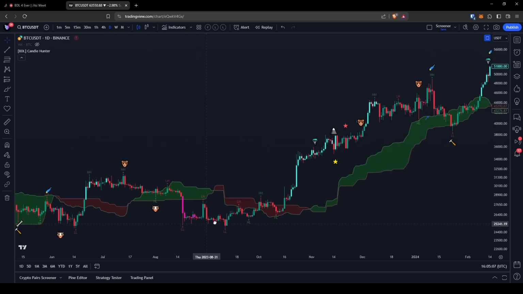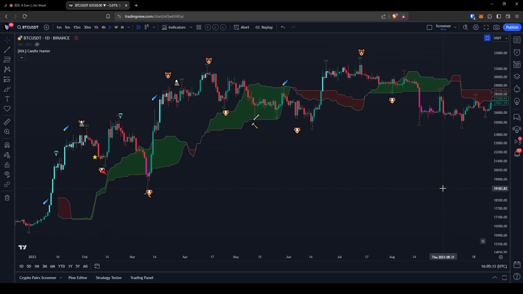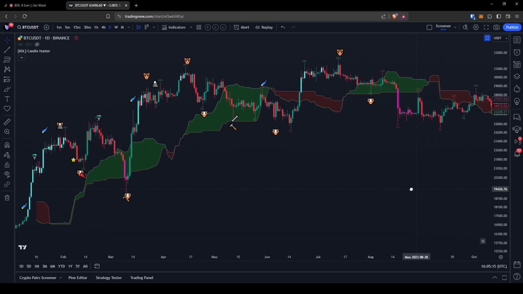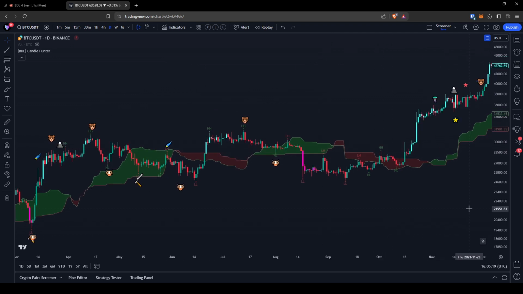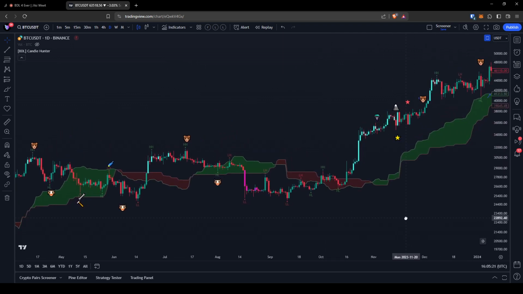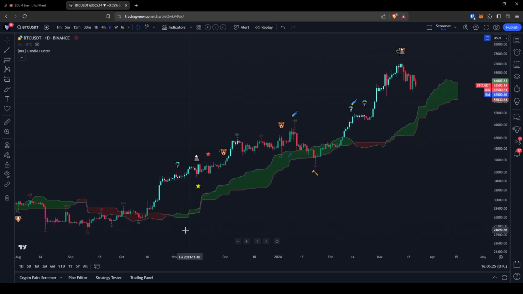The Ichimoku cloud comes with a lot of other components, like the Senkou Span, the Tenkan-sen, the Kijun-sen, but we left those out because we really want the important things, and it's just really simple. If the price is above the cloud and we have a green cloud, it's a bullish uptrend.